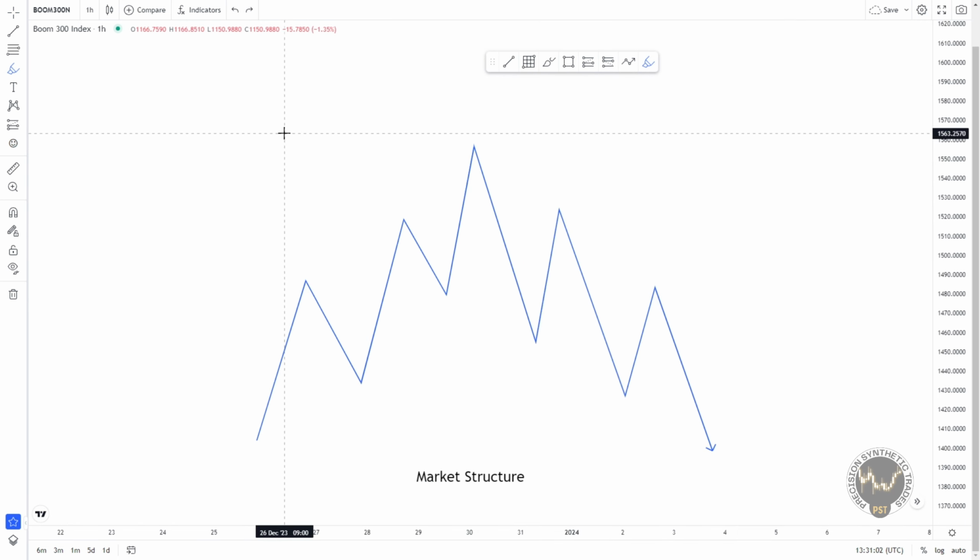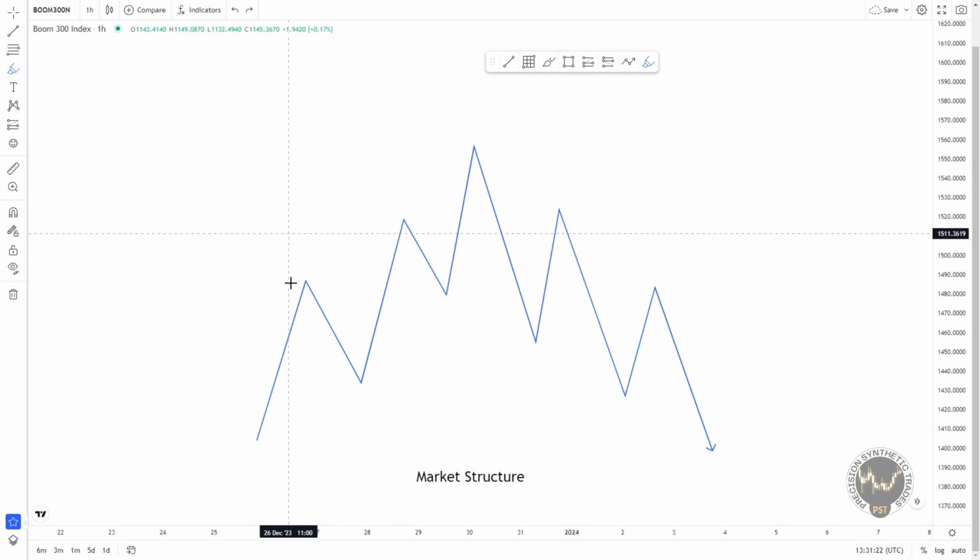Alright, market structure. The first thing we need to do is understand how market structure works, where to identify the highs and where to identify the lows. Here's a nice clean example.